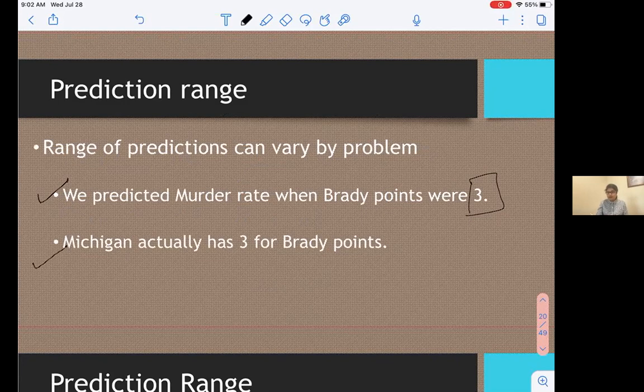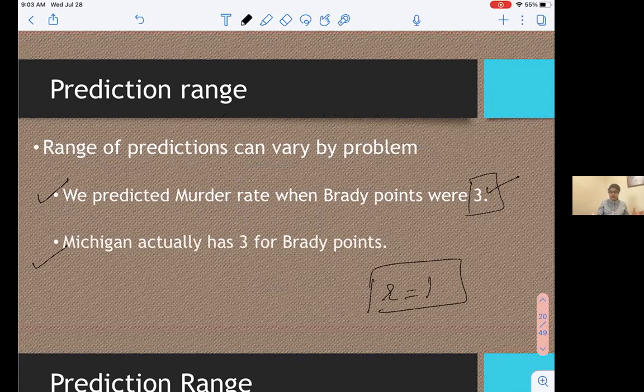The reason is that our correlation coefficient is not exactly equal to 1. If the correlation coefficient were exactly 1, then our predictive value and the actual value from the data would be the same, because the predictive line and all the scatter points would lie on the line. That is why r equals 1. But in our case, r was different.